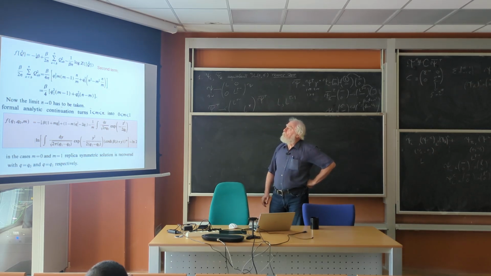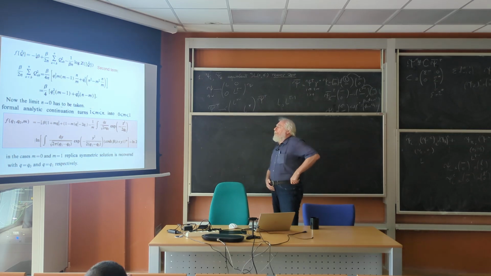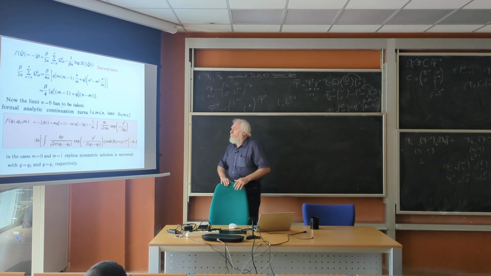And this way we find a free energy, which is a function of Q matrix, and Q matrix is now characterized by three variables, Q0, Q1, and m. Now there is a tricky point.